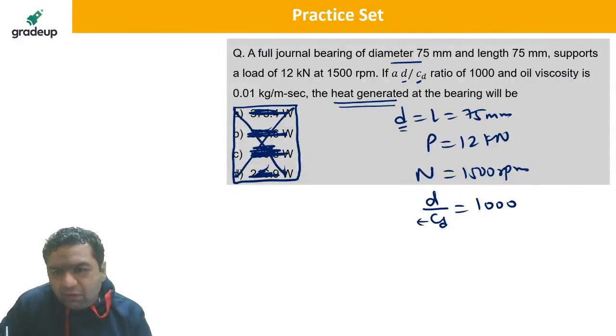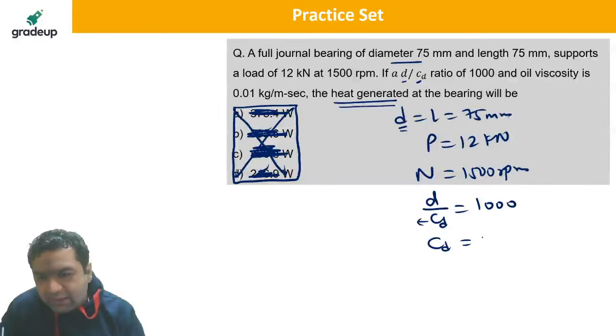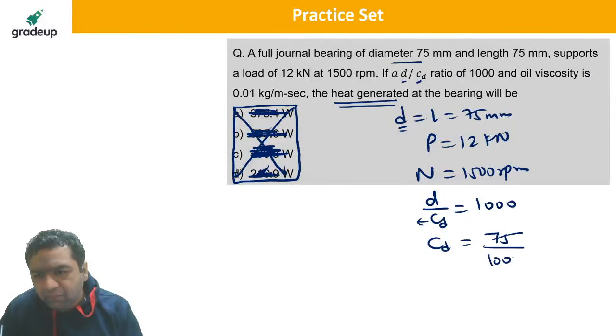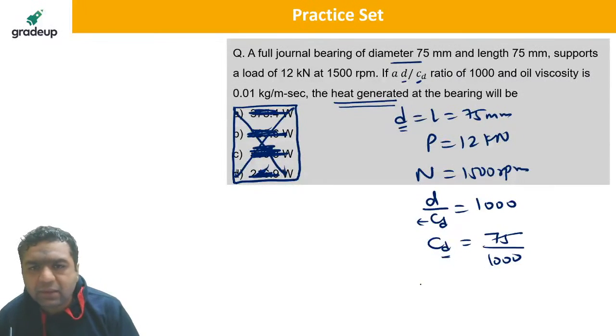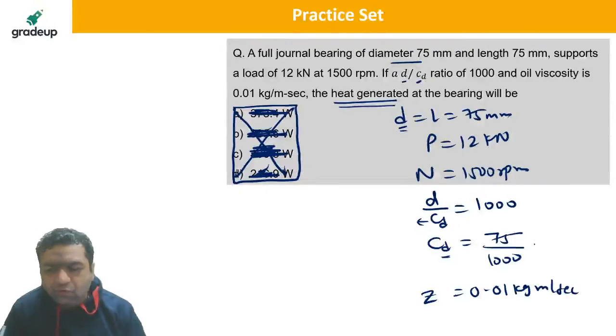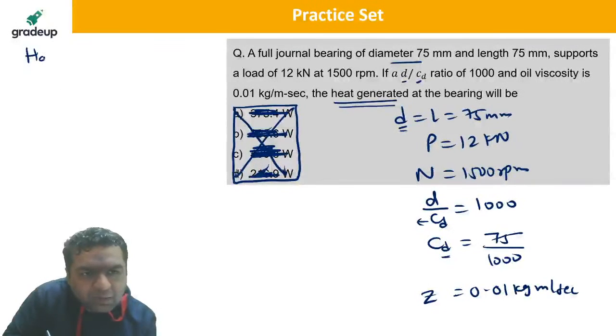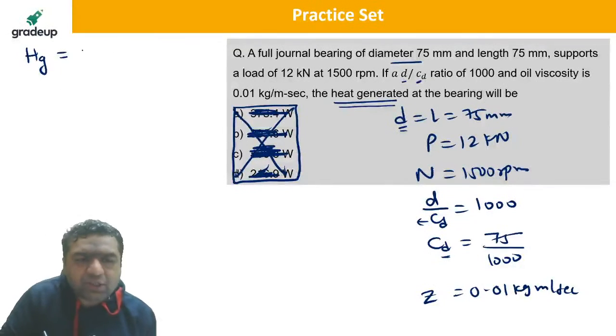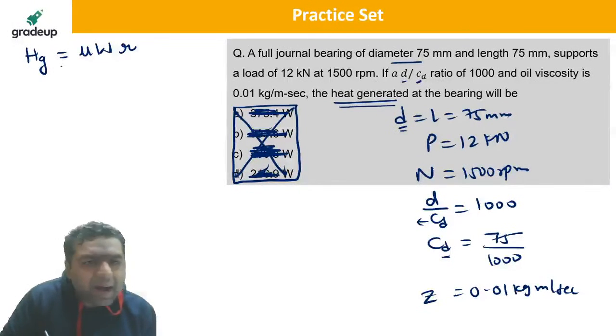D is already given to you, CD you can find out. It is going to be D by 1000, it means 75 by 1000. Diameter clearance. And guys, viscosity is 0.01 kg per meter per second. You need to find out the heat generation. Heat generation is nothing but mu WR.